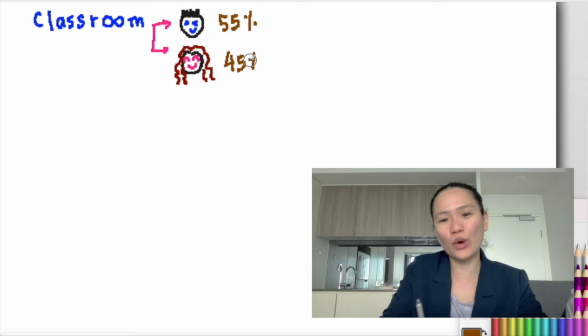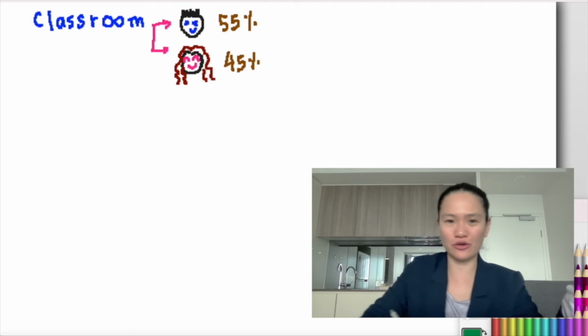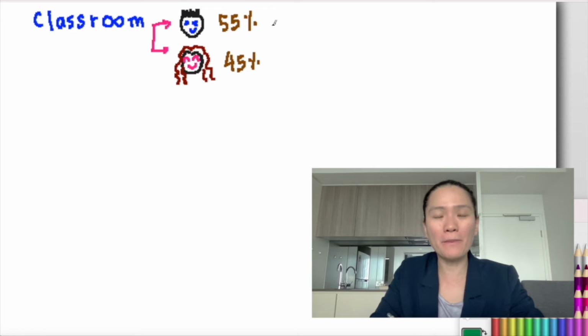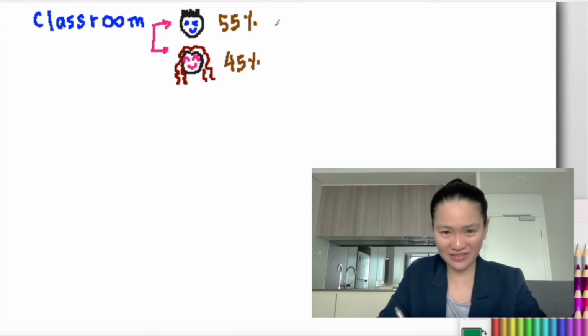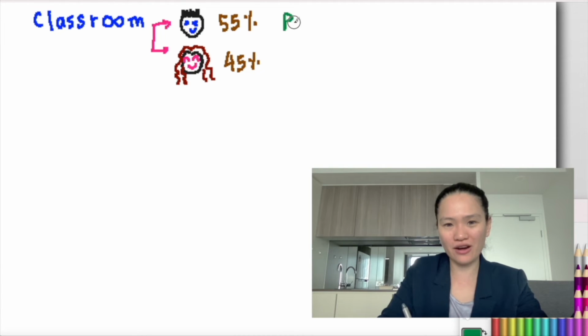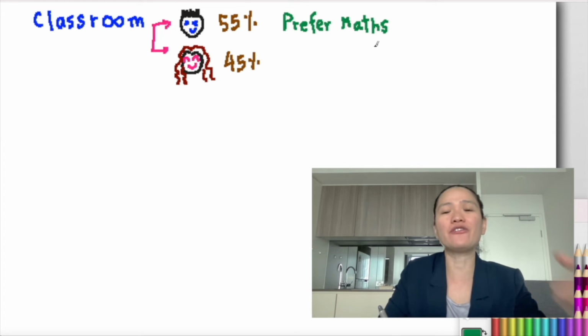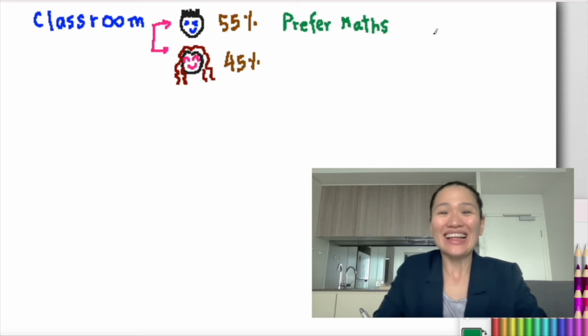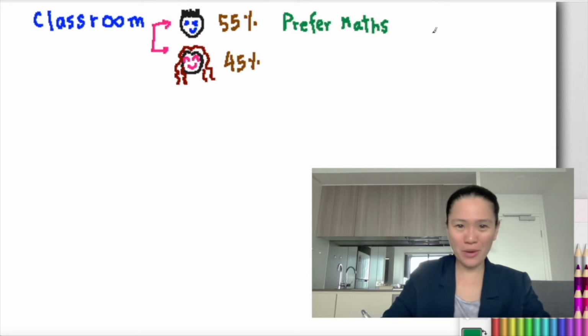In this question, I would like to give you information that for male, or the boys, 55%, they prefer mathematics. That means they like to study math. Okay, I write down mathematics here, or maths. Let's make up the percentage.